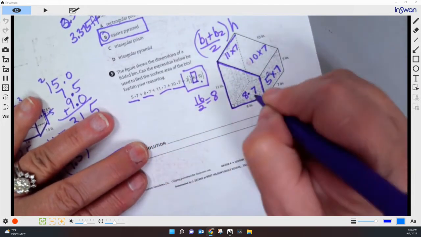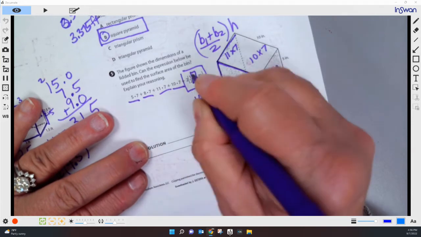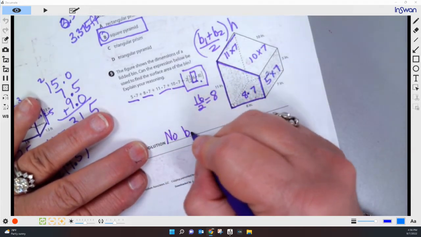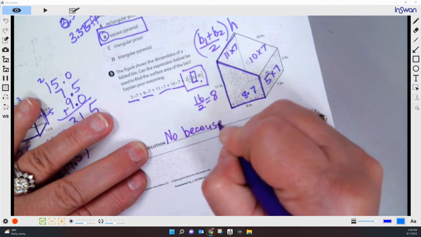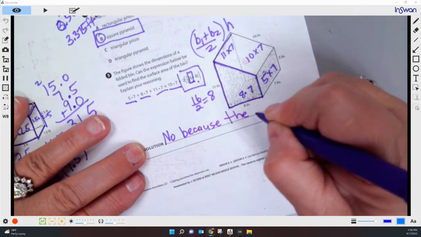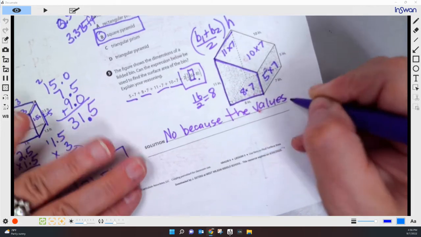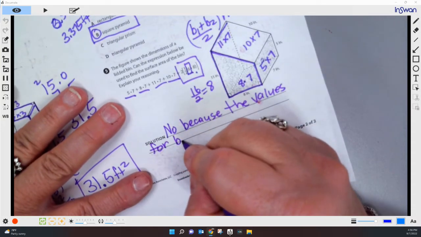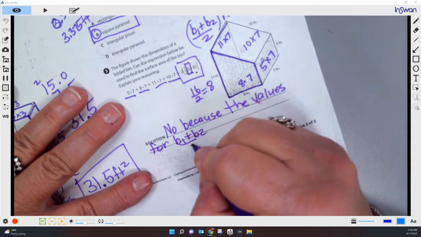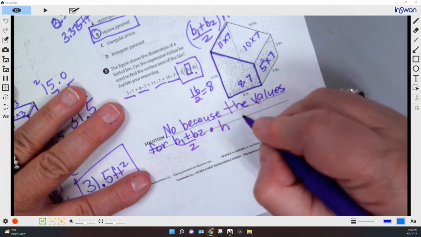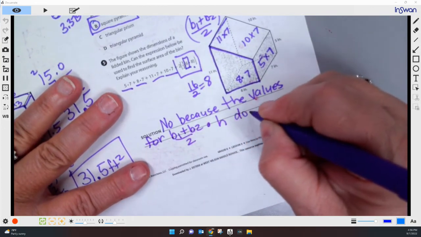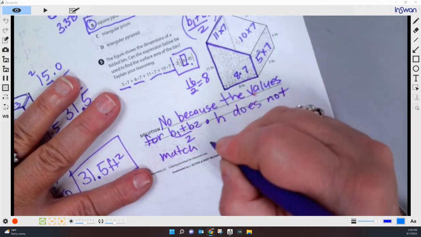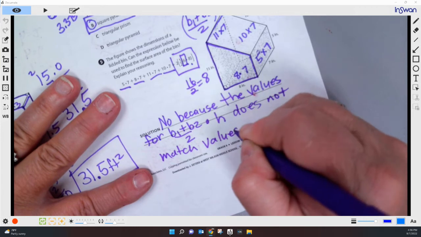So the solution, will that work? This does not fit because they have the trapezoid formula wrong. So the answer is no, because the value for the base 1 plus base 2 divided by 2 times the height does not match the values in our figure.